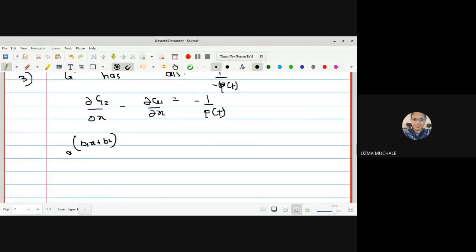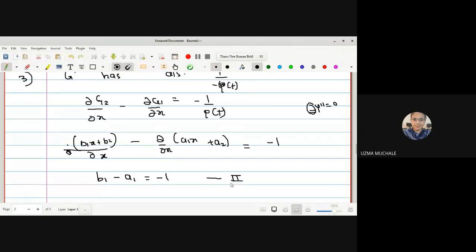You have to find the derivative of this term with respect to x, minus the derivative of this term a1x plus a2, is equal to minus 1, because P of t is 1, the coefficient of the highest order derivative y double dash. The coefficient is 1. What is the derivative? It is b1 minus a1 is equal to minus 1. Let me name it equation 2.